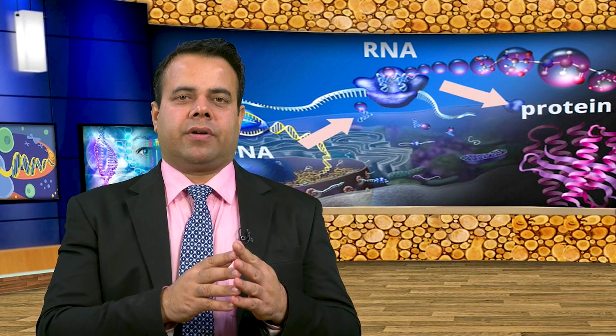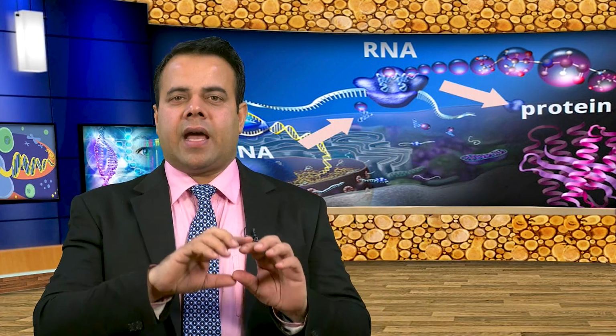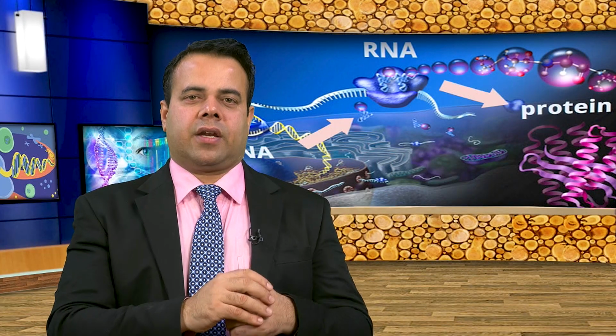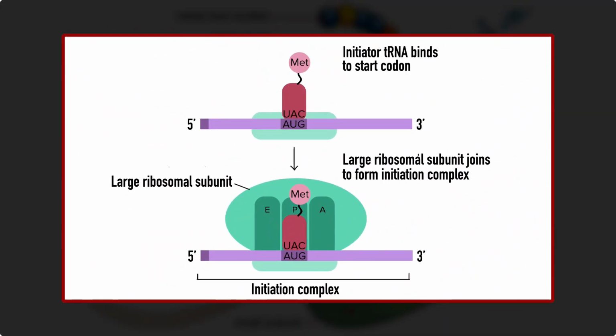The eIF4A is an ATP dependent RNA helicase that unwinds any secondary structures in the mRNA, preparing it for translation. The complex then moves along the mRNA in the 5' to 3' direction until it locates the AUG initiation codon, that is the scanning process.